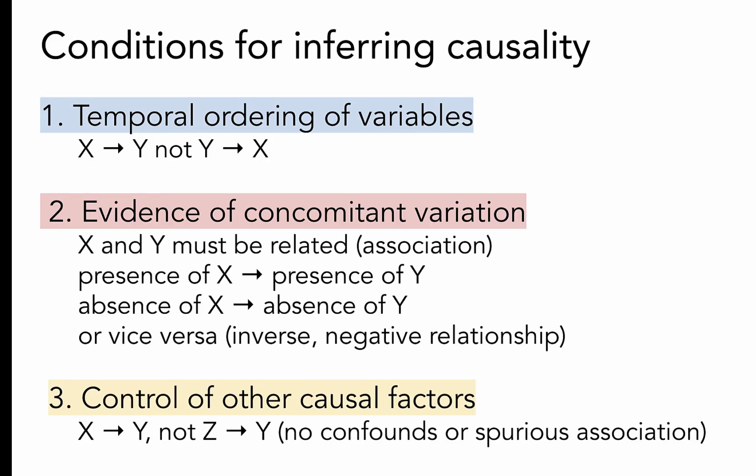Now there's a couple conditions for inferring causality. First of all, there has to be temporal ordering of the independent and dependent variable. X should lead to Y and not the other way around. This makes total sense, but is sometimes forgotten when drawing causal conclusions. X, your independent variable, should precede the dependent variable in time, because something that happens after something else can no longer influence what happened before.